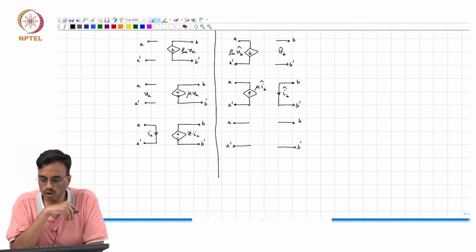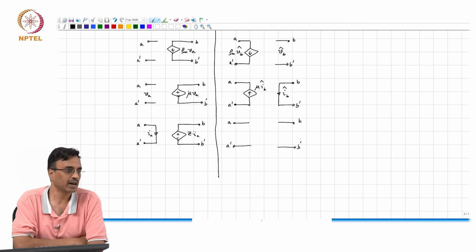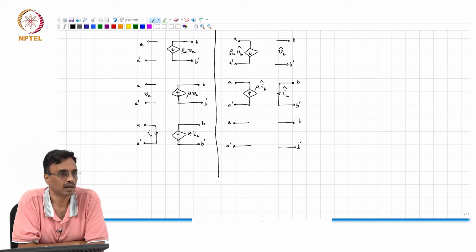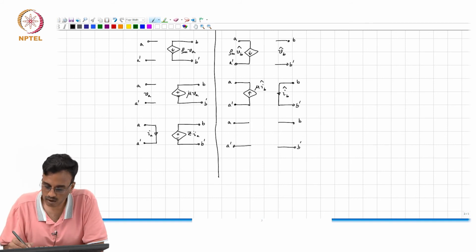So, which is the controlled port and which is the controlling port? B is the controlling port, and what comment can we make about what kind of controlling port? Is the voltage across B controlling? It's a current controlled port.